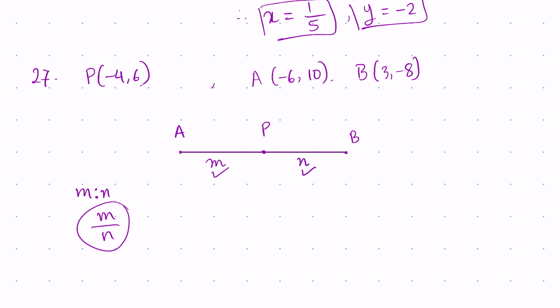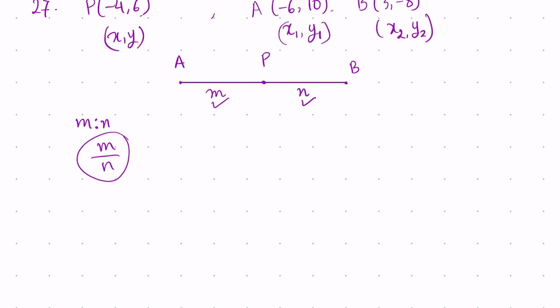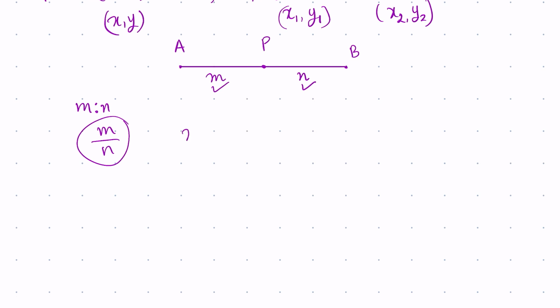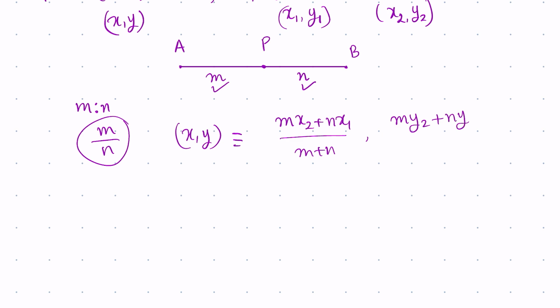Let's represent as usual as x1, y1 and x2, y2, and this we're representing as, let's say, x comma y. If we use the section formula, x comma y is equivalent to (m times x2 plus n times x1) divided by (m plus n), and (m times y2 plus n times y1) divided by (m plus n).